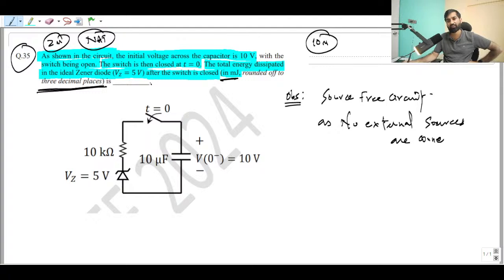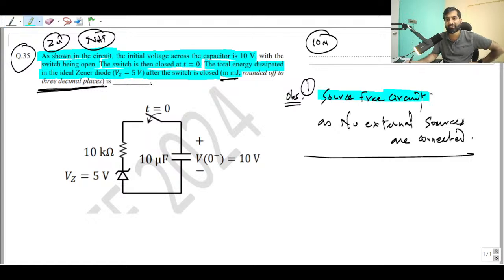That is the first observation that you have to make. Now the second point is, if this is a source free circuit, or sometimes we call it SFC, you should understand that the moment the switch is closed, this capacitor will start discharging. Understand, the capacitor is going to discharge. That is very important.